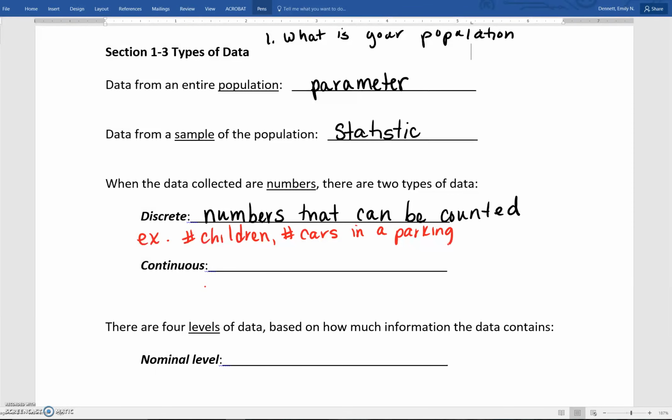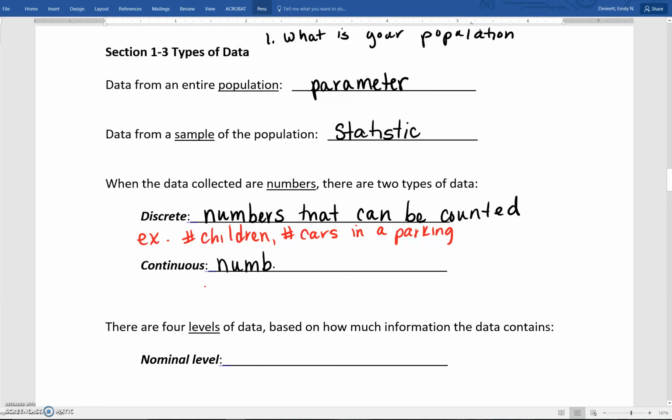Okay. Continuous are numbers that could take on any range of values. Normally you want to think of things that are measured, things that can have those partial pieces.